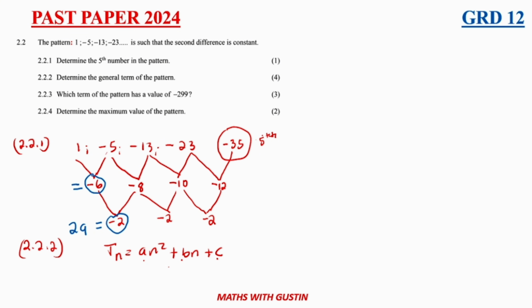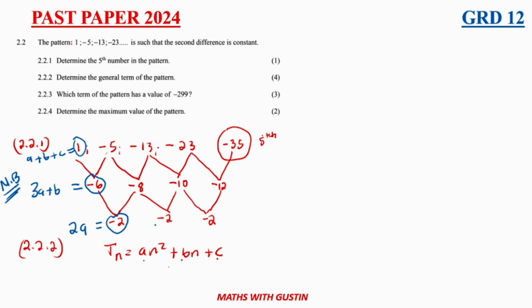This one here, negative 6, is given by 3a plus b. These are the things that are not on the formula sheet, guys, so please take note. a plus b plus c is equal to the first term. So guys, if you master this, no question will be difficult for you when it comes to quadratic.